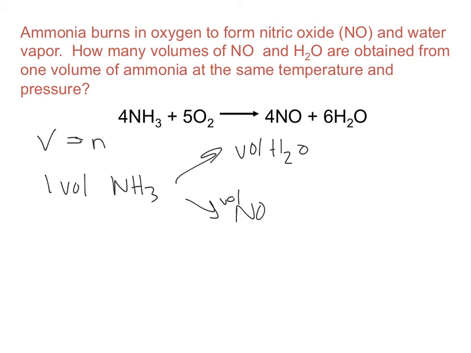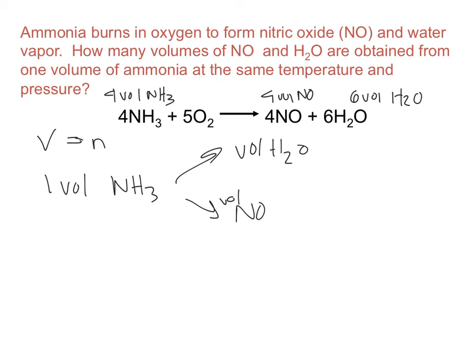Well, first of all, we're going to consider the information given to us in the balanced equation. Okay, so if we look at this equation, we have 4 volumes of NH3. Okay, so for every 4 volumes of NH3, we're going to get 4 volumes of NO, okay, and 6 volumes of H2O.